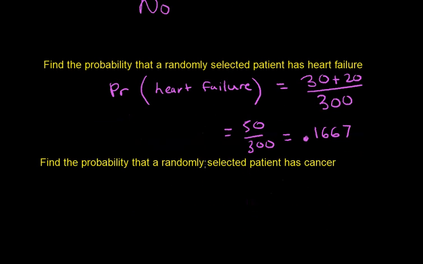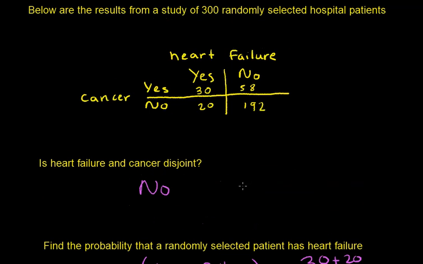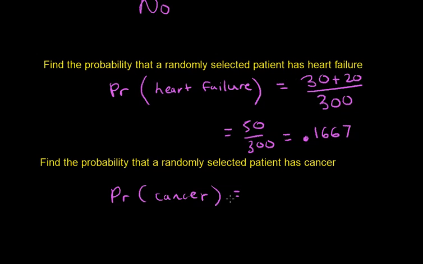So let's find the probability that a randomly selected patient has cancer. Let's look back at our table. Everyone in this row has cancer, so that's 30 and 58. Let's add those two together: 30 plus 58 divided by 300.